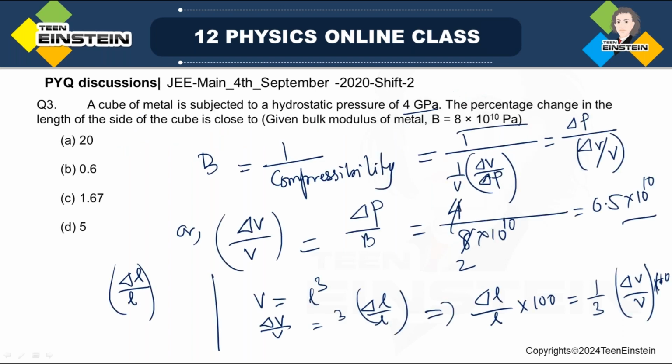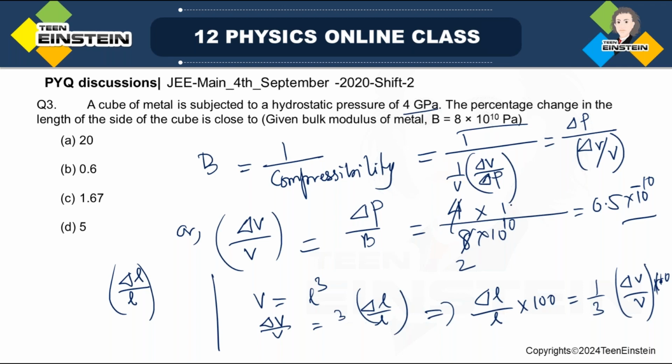10 to the power 10. This is 10 to the power minus 3. See, the gigapascal I have written wrong.